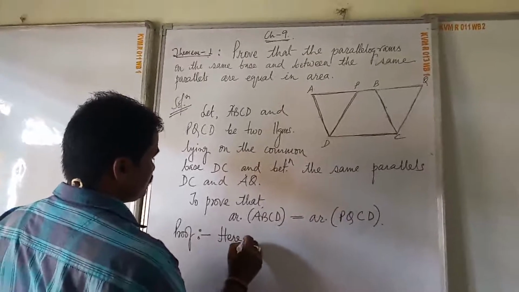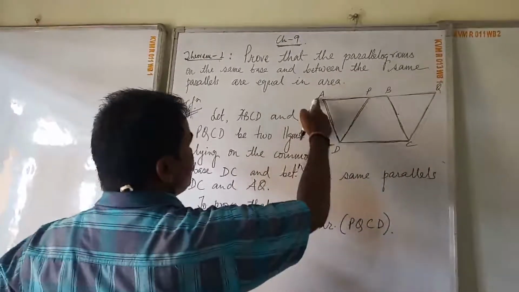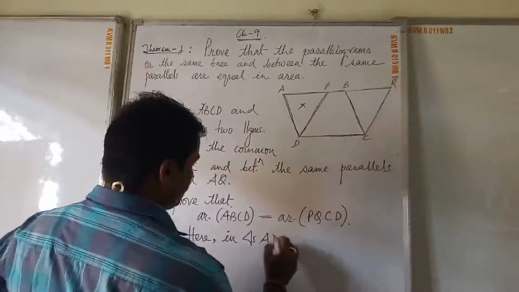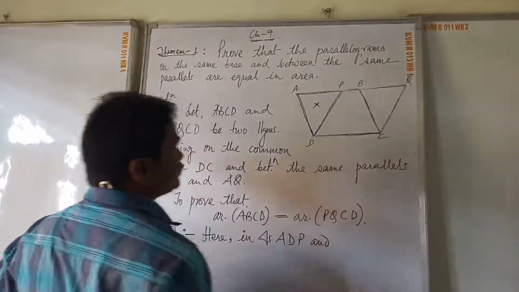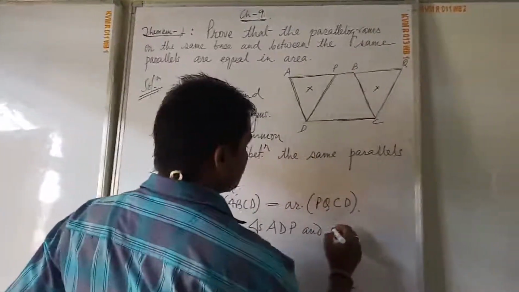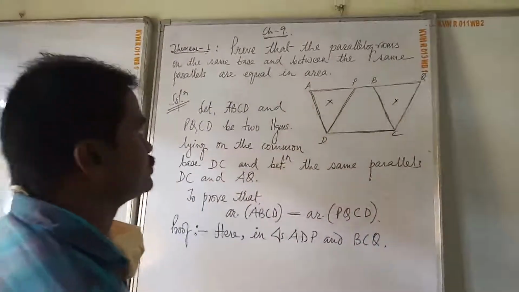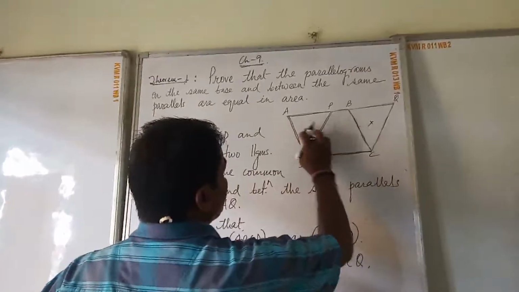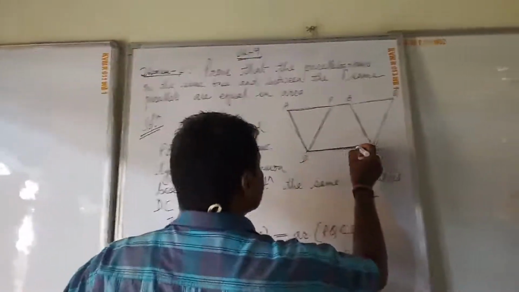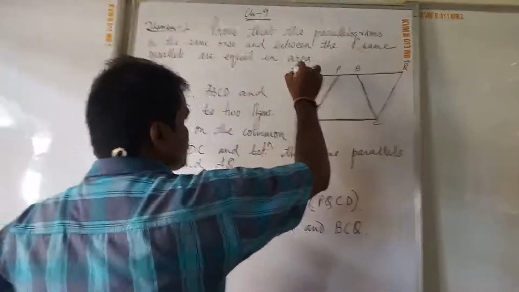Here, in triangles ADP, this is one triangle, and BCQ, this is another triangle. If we consider these two triangles, then what we are getting here, you see, these two lines are parallel to each other and this is the transversal.